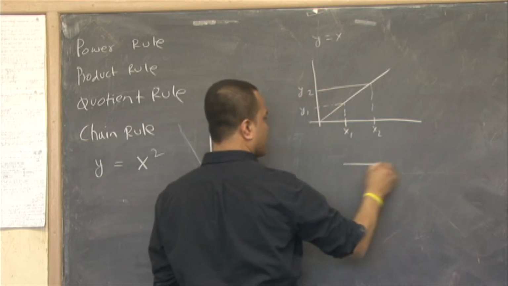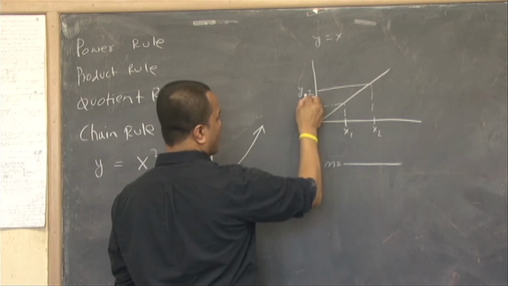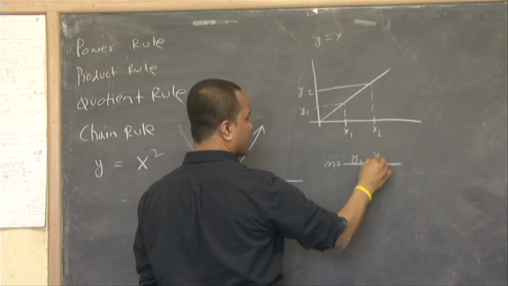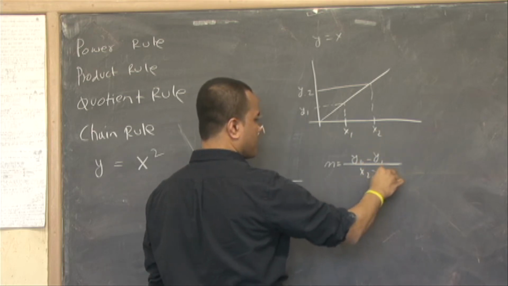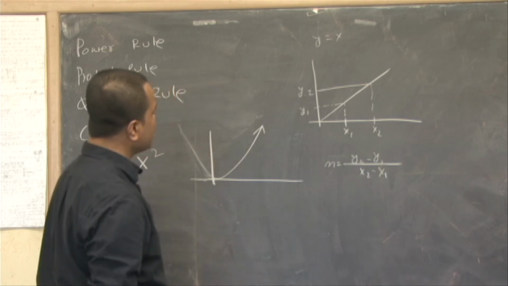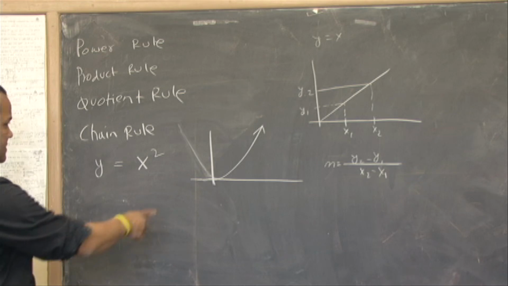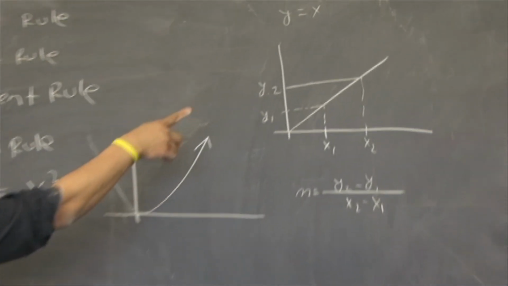So what you basically do, the slope of a line is y2 minus y1 over x2 minus x1. All right. Now this is something different, but not too much. The idea comes from algebra.